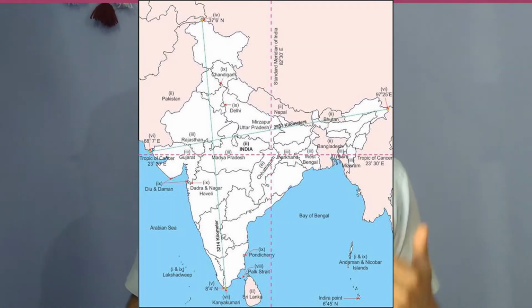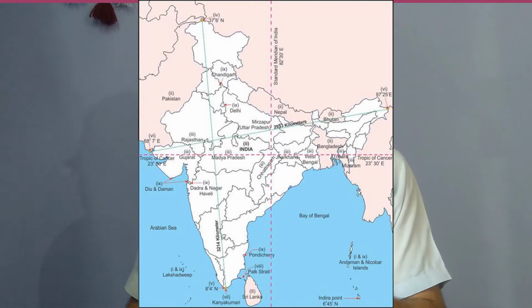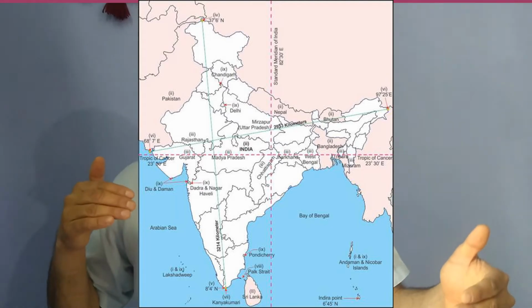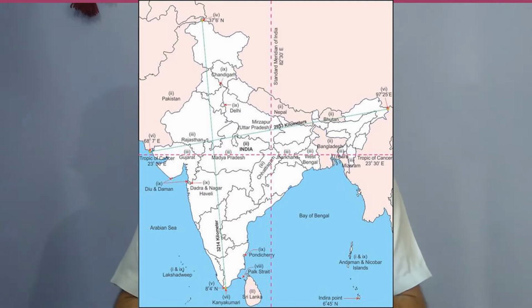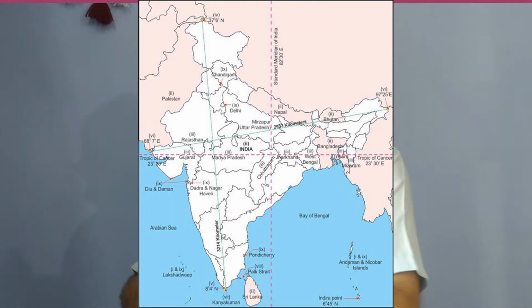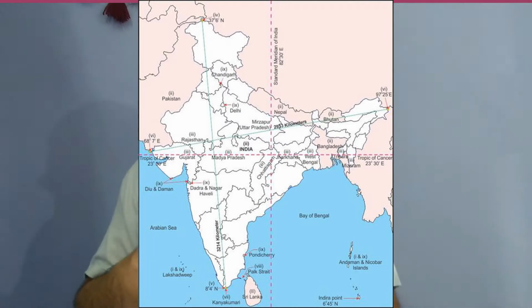And if you want to check the size, the length between east and west is 2,933 kilometers.